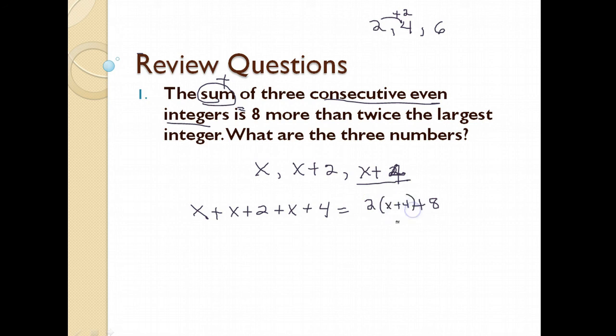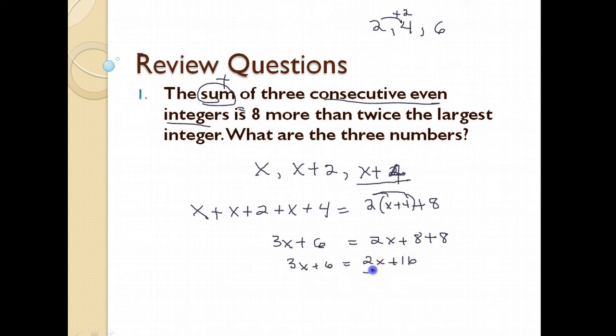So do this slowly and try to translate what you're reading into algebra. On each side, you combine like terms. So this is 3x plus 6 equals, I'm going to distribute this 2, 2x plus 8 plus another 8. So this is 3x plus 6, combine like terms, 2x plus 16.